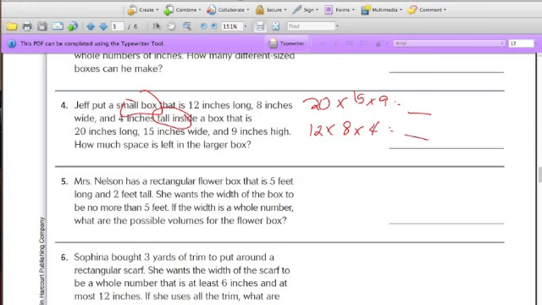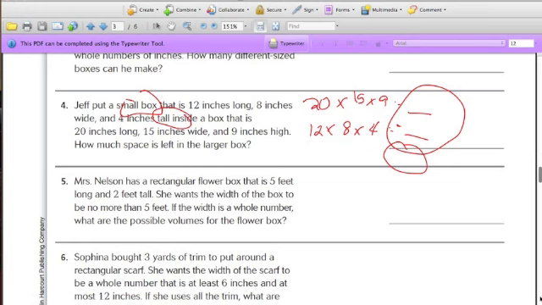And you find that volume. When you know these two volumes, to find out how much space is left is like finding the difference. So you subtract those two numbers, and that becomes your answer. So I just wanted to give you a few little hints and tips on that.